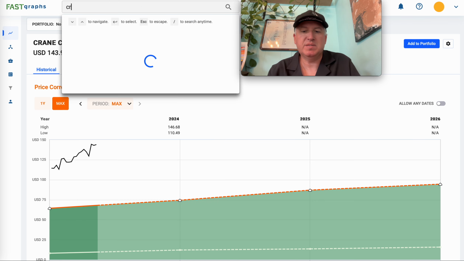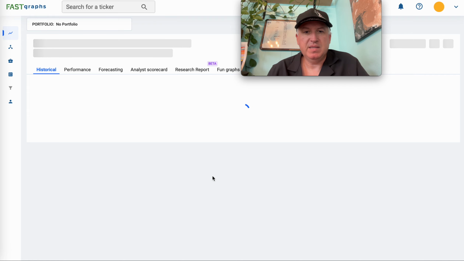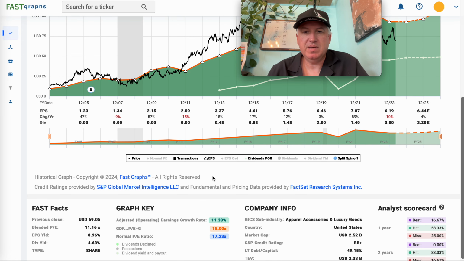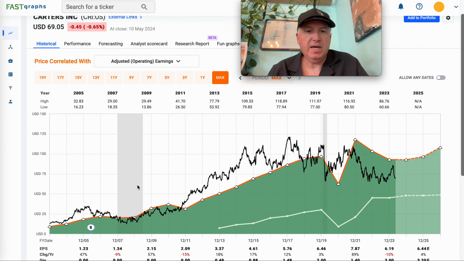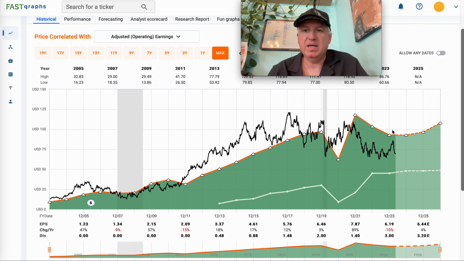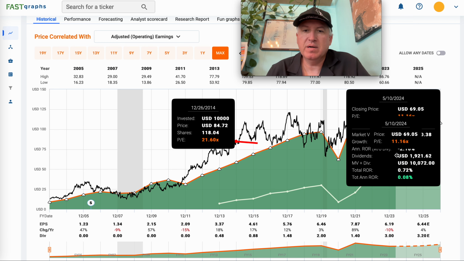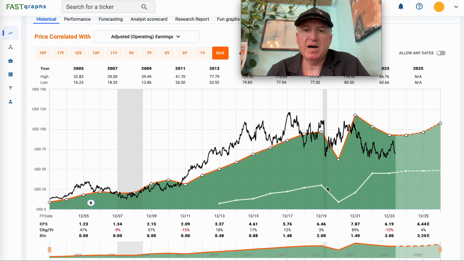Carter's. So this is probably going to be not high enough quality, because I think this is clothes again. Actually, it looks pretty good here, but the problem is this trend that we see right here. If you go back 10 years and the stock price hasn't gone anywhere, and earnings and everything are beginning to level off, they probably have got as big as they can get without some kind of new catalyst.